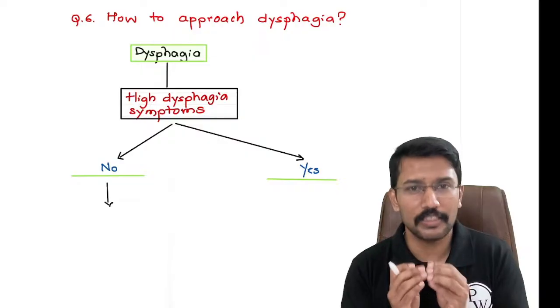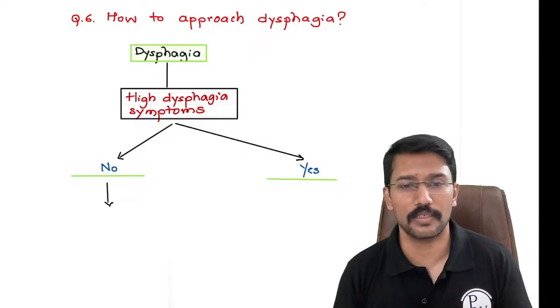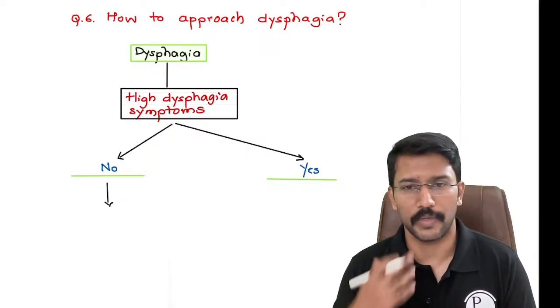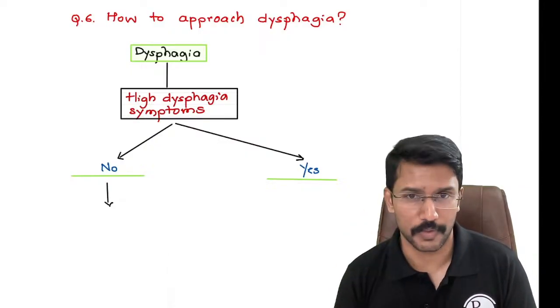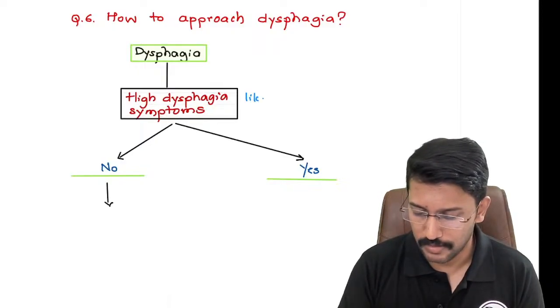So let us learn how to approach a patient with dysphagia. When a patient presents with dysphagia, the first thing I want to see is whether the patient has symptoms suggestive of high esophageal dysphagia, meaning oropharyngeal dysphagia, right? What are those symptoms which are suggestive of high esophageal dysphagia?